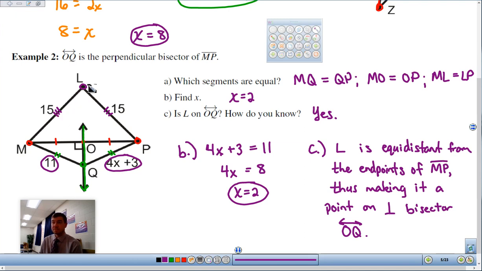Because this is the same distance as that, then if I extended this, it's going to have to run through point L.